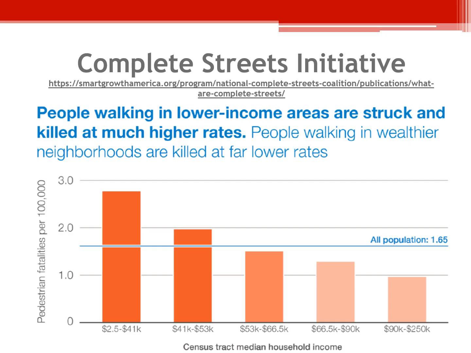Along with race, ethnicity, and age, socioeconomic status often means that people live in more dangerous built environments. People that walk in lower income areas are struck and killed at much higher rates compared to people who walk in wealthier neighborhoods. As you see from this, this is census tract level data.